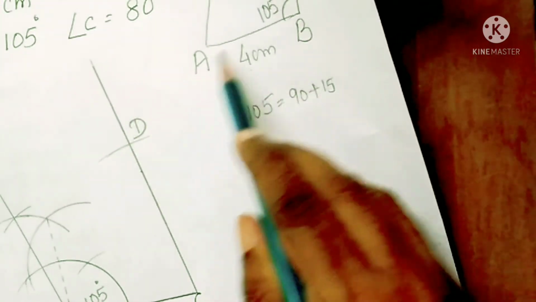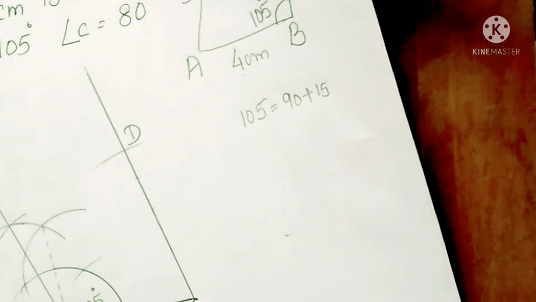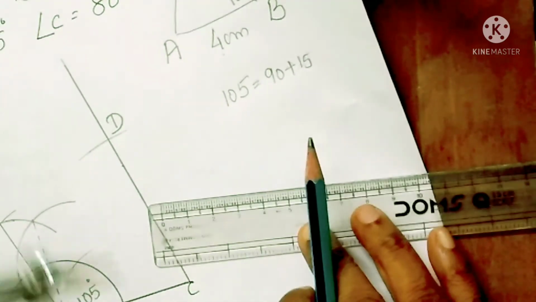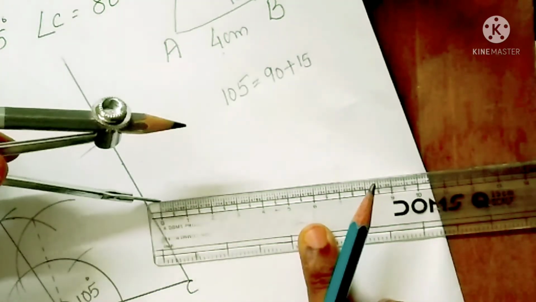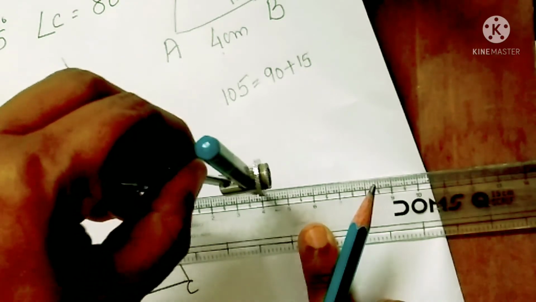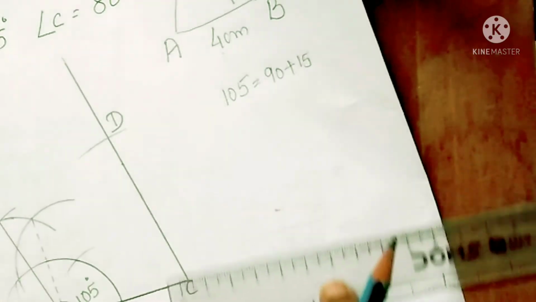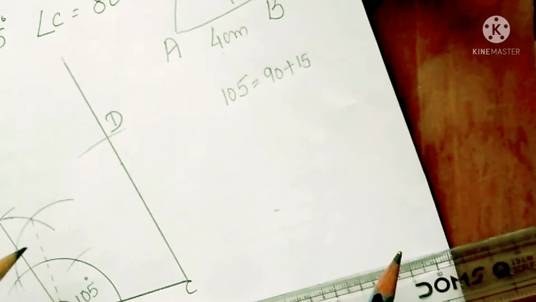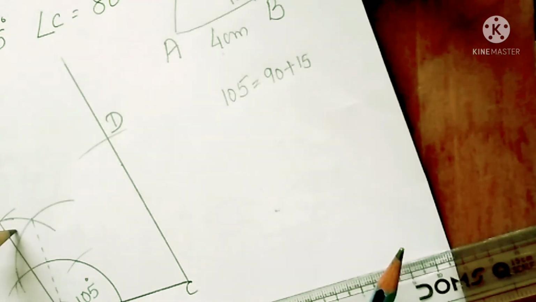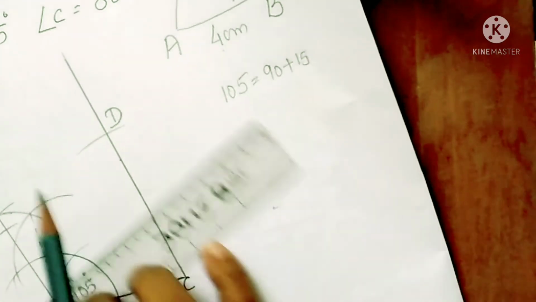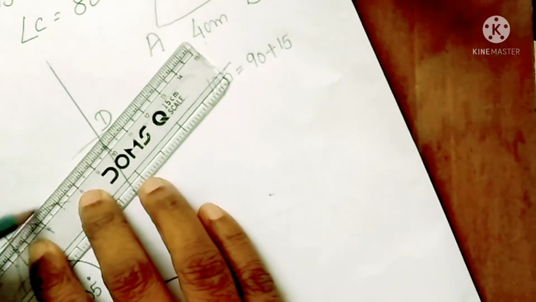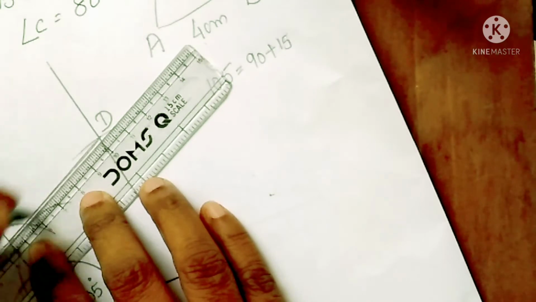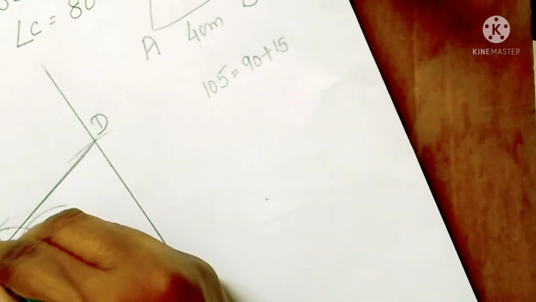Now B to A it is 4 centimeter. So take 4 centimeter, keep on 0, and this point on 4. From B to A is 4 centimeter. Keep the pointer on B and cut an arc. Wherever they met, join this point to D. So you got the point A here.